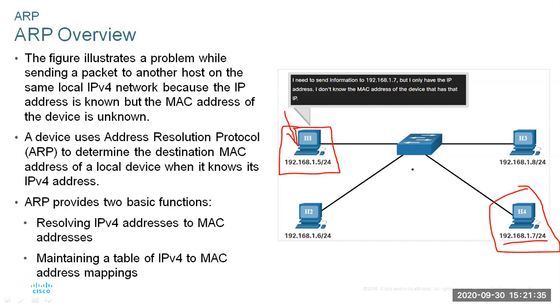Now remember that this switch here has a table. Okay, it has a table. So maybe this guy is on port 1, this is on port 2, this is on port 3, maybe this is on port 4. Okay, so they are all connected to this switch.